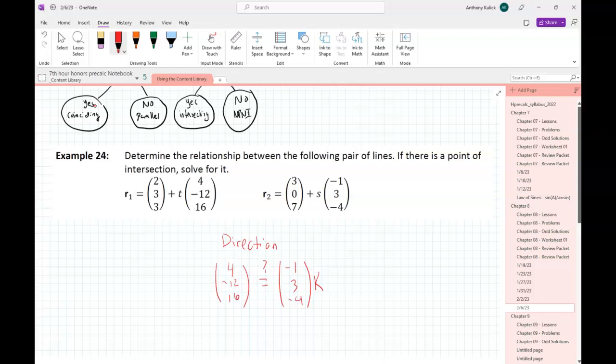What do you guys see? Yeah, so k equals -4 would make the two vectors the same, right? What does that tell you? Yeah, they have the same direction.